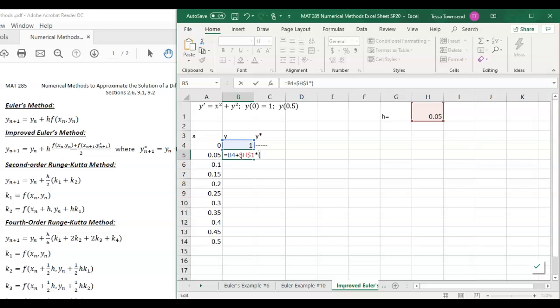And that stuff is the differential equation evaluated at the last x plus the differential equation evaluated at this y star and this x, and all of that's divided by 2.